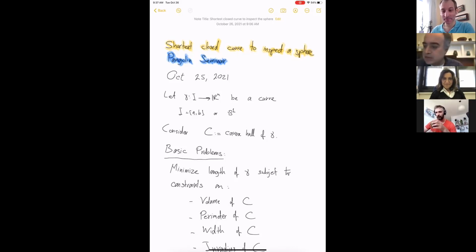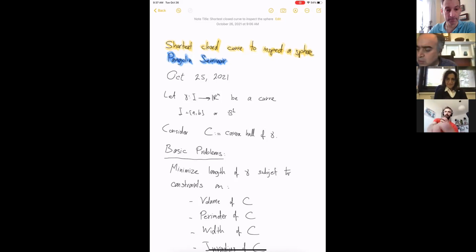Okay, so the title is Shortest Closed Curve to Inspect the Sphere. It concerns some very basic intuitive problems in Euclidean space. So we have this curve here, gamma, in R^n, and it could be an open curve or a closed curve.